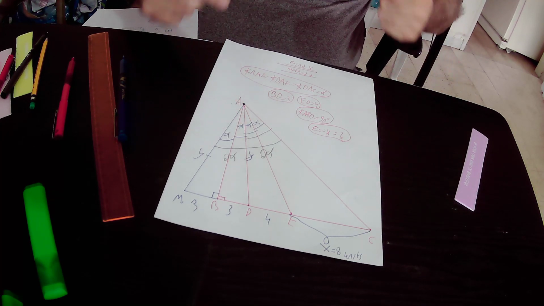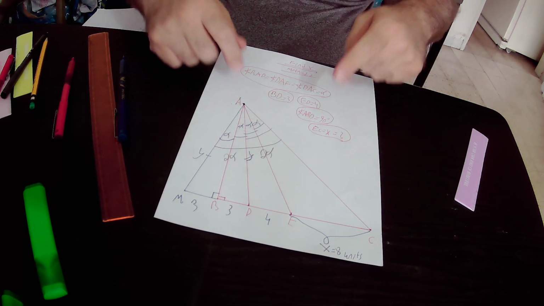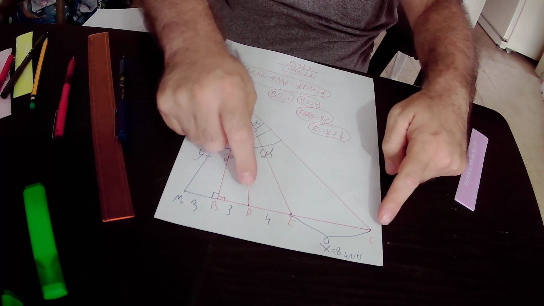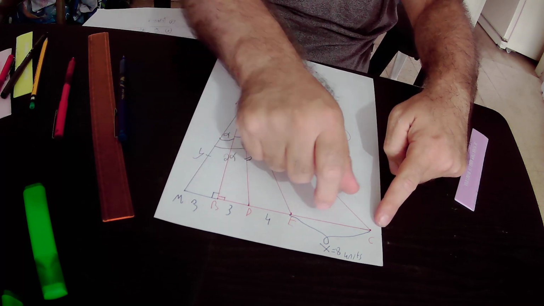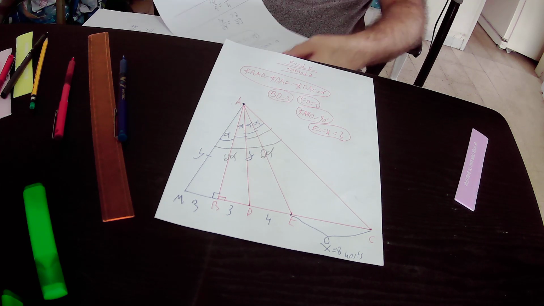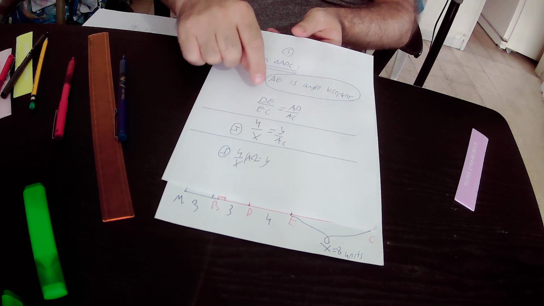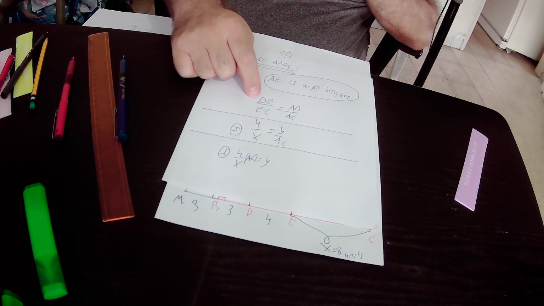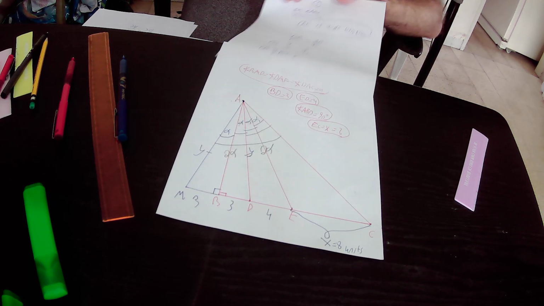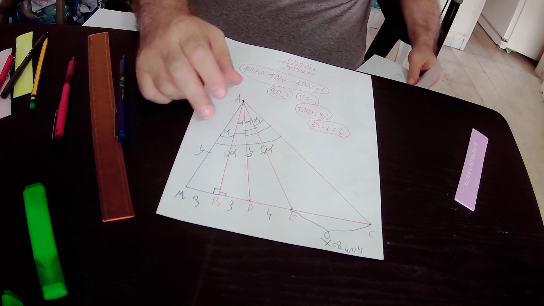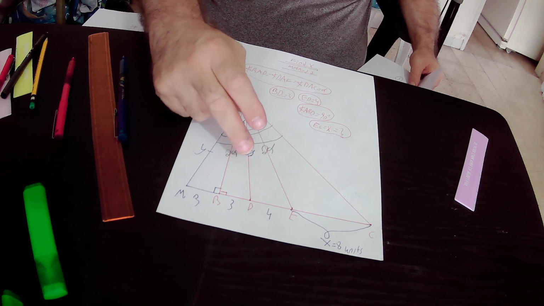And according to the angle bisector theorem, the angle bisector AE divides side DC in the ratio of DE over EC, and that ratio equals the ratio between the angle sides.